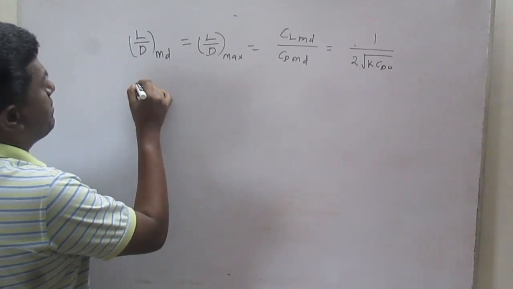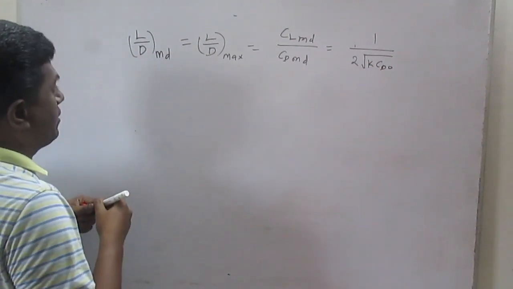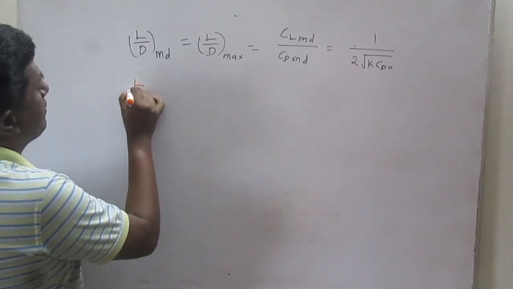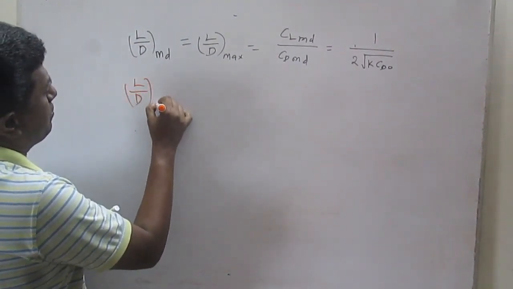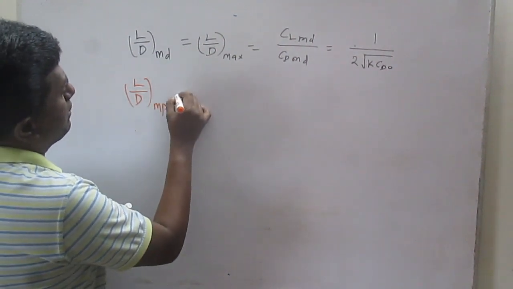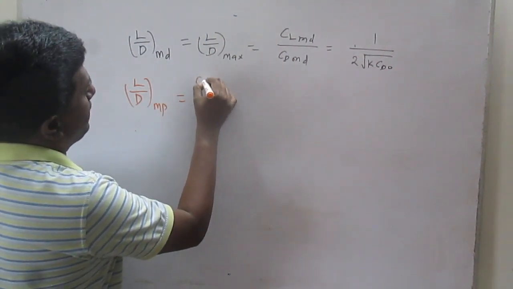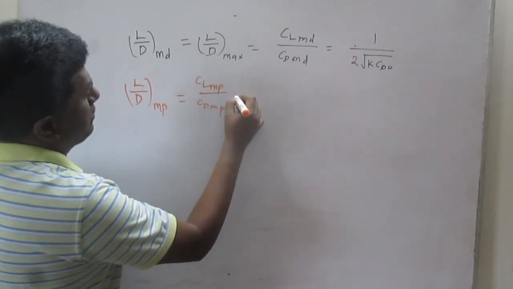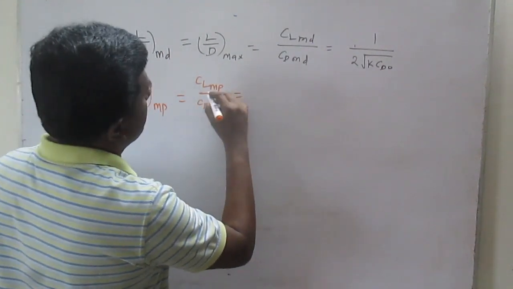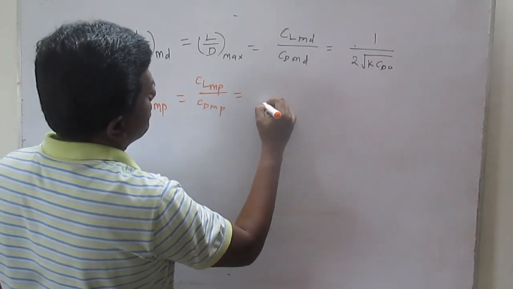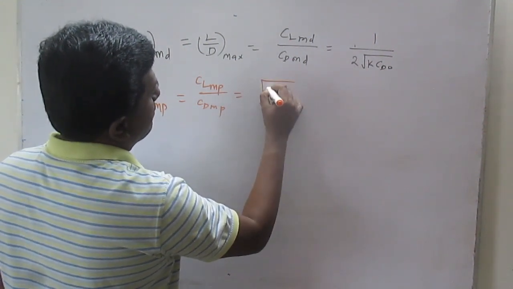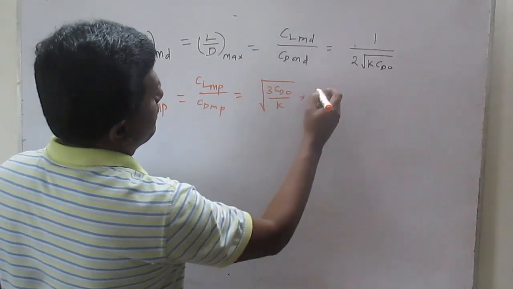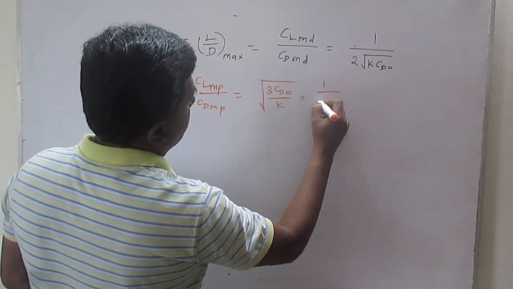Similarly, the L by D ratio of the minimum power is nothing but CL at minimum power by CD at minimum power. We know this, so we can write it like this: 3 CD naught by K into 1 by 4 CD naught.